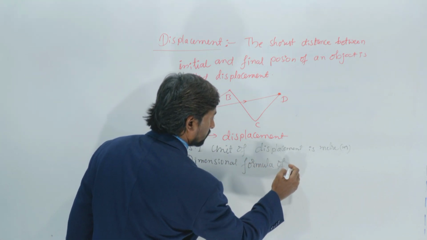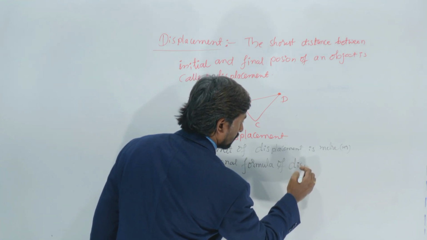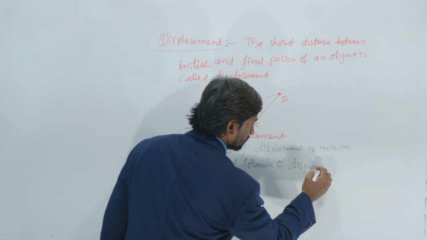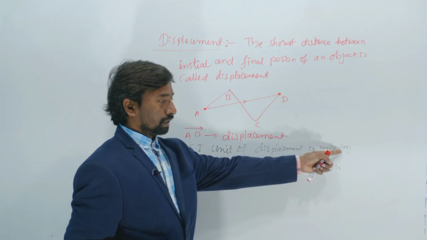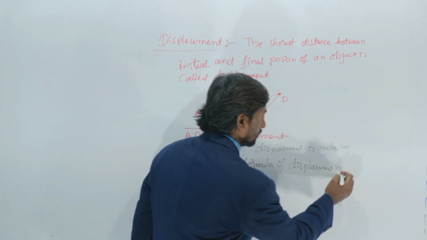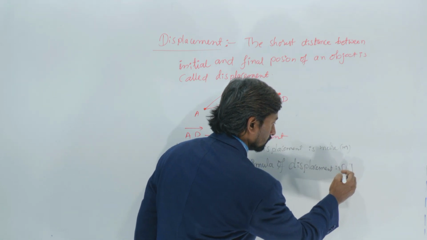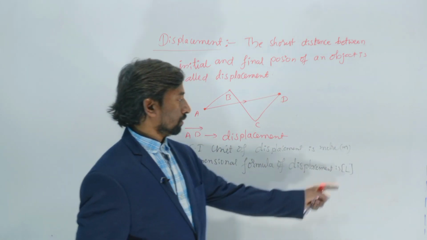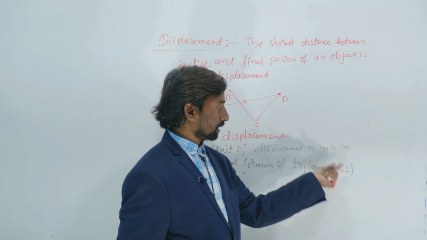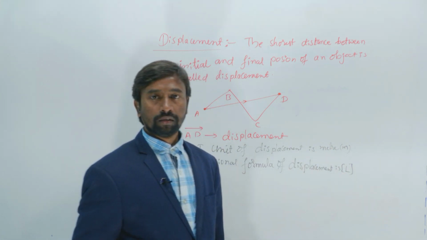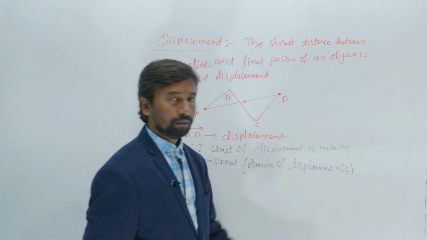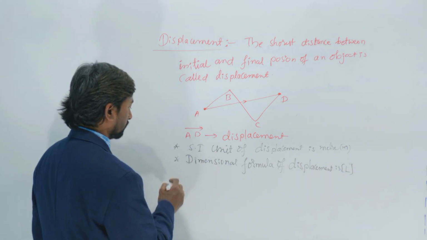Dimensional formula of displacement is, since the SI unit is meter, L. The dimensional formula of meter is length. The symbol is L, and we keep it in brackets, so it is [L].